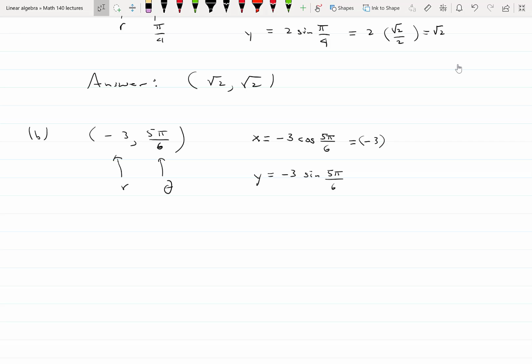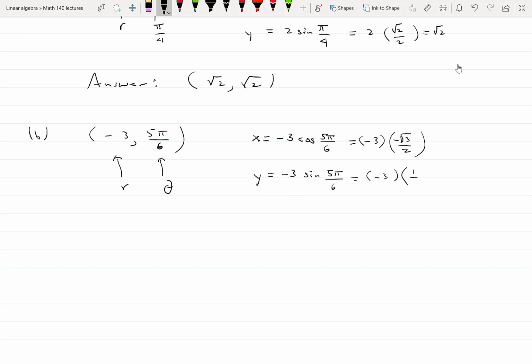You could use a unit circle or reference angles. The cosine of 5 pi over 6 is in quadrant 2. In quadrant 2, the cosine is negative. Or directly off the unit circle, we get negative radical 3 over 2. Times -3 for the x value. Then the y value: the sine of 5 pi over 6. Sine is positive in quadrant 2.